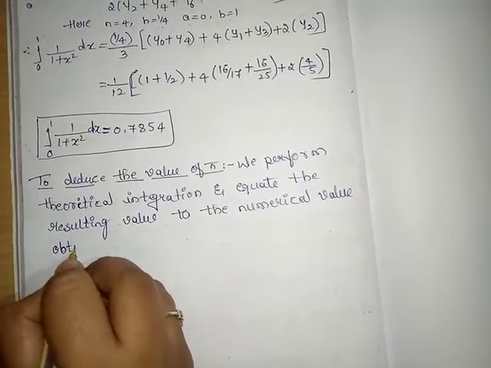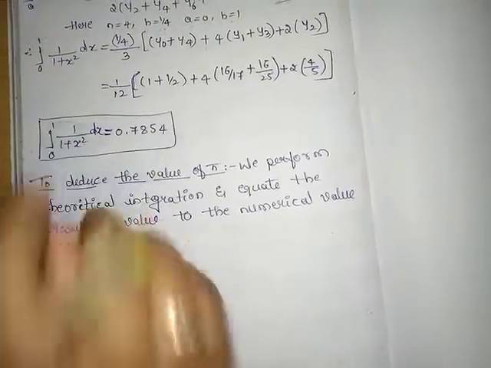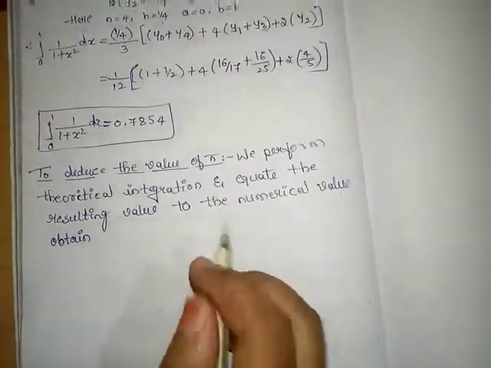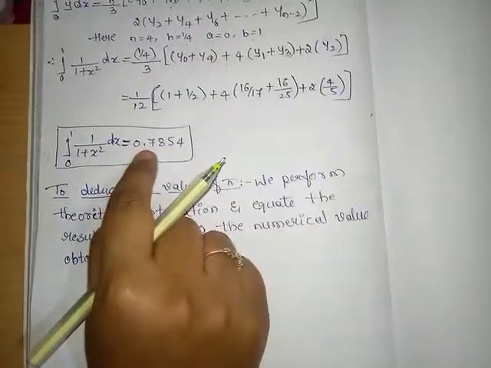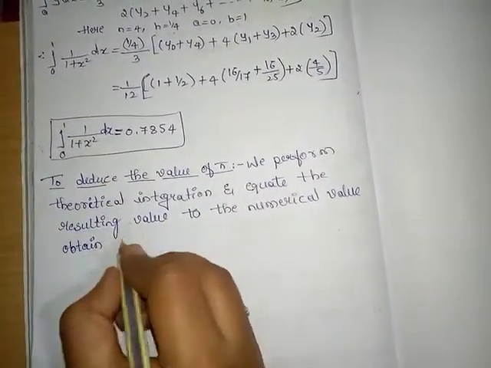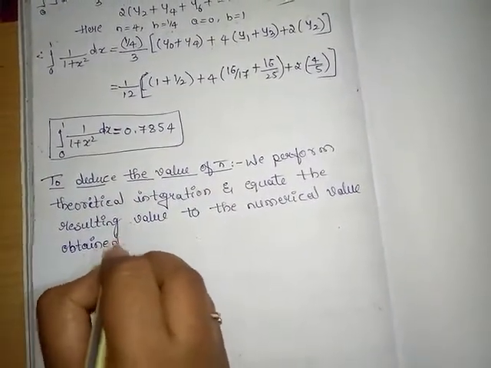That means first we integrate this with actual integration and equate that result with this numerical value. We get the value of pi.